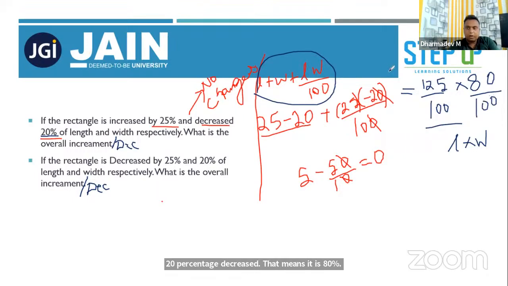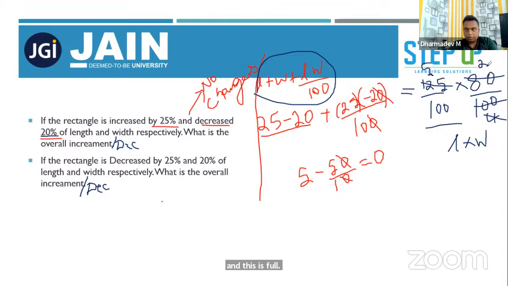I'm just quickly doing my calculation. So it's 5 times and this is 4. This is 1 and this is 20. What is 20 into 5?